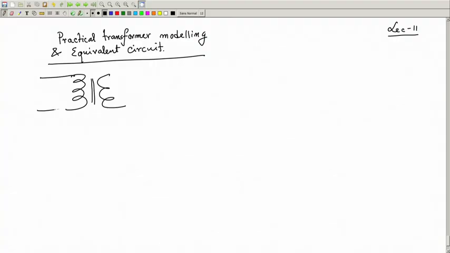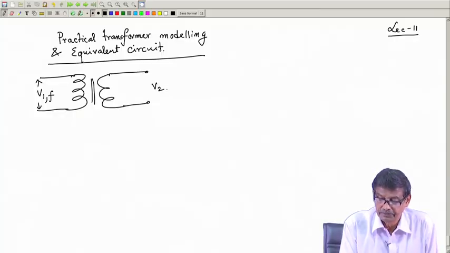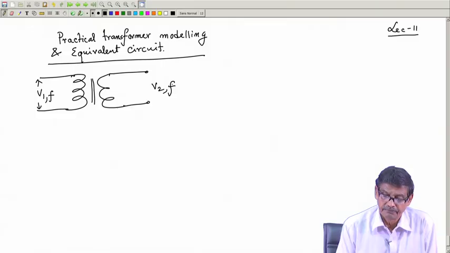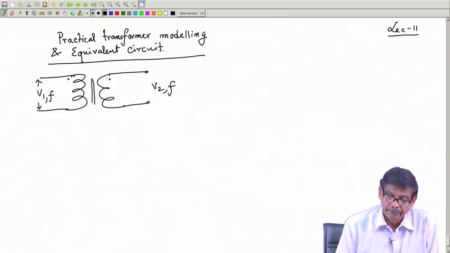Suppose this is the practical transformer, where you apply voltage V1 and frequency f, and these are the terminal voltages you get at the terminals, V2 and f, the same frequency, and these are dots.